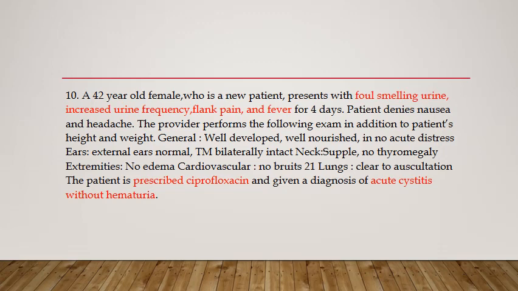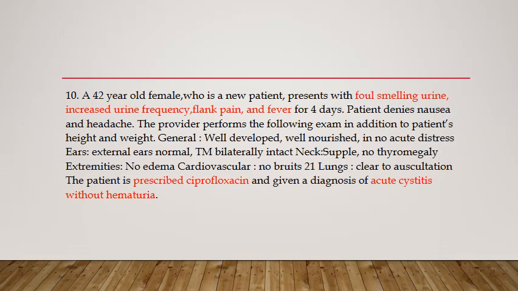The provider performs the following examination in addition to height and weight, and some examination part is given. You read it on your own. Then the patient is prescribed ciprofloxacin and given a diagnosis of acute cystitis without hematuria. So the patient is given one antibiotic prescription, and the physician has finally given a diagnosis: acute cystitis without hematuria.